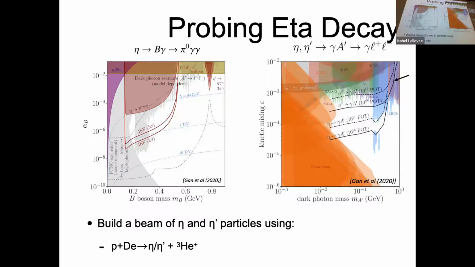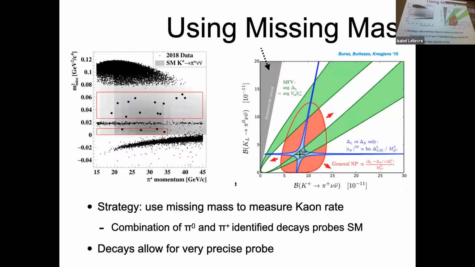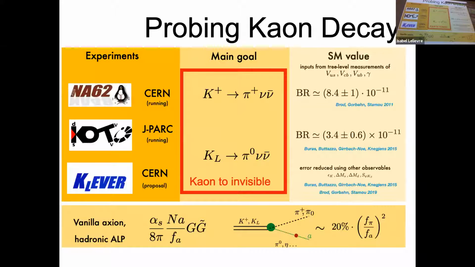To that point, the reason I put this plot in here is that this is a baryonic dark photon model, where in eta decays you would have enhanced sensitivity over some of the other searches, like in kaon decays. In kaon decays, the model people like to point to is not the dark photon; it's an ALP. It's usually the target in this case, because you're sensitive to the ALP gluon coupling.